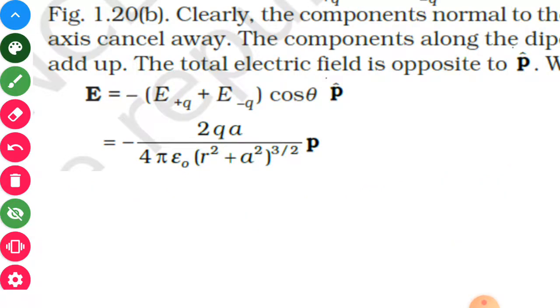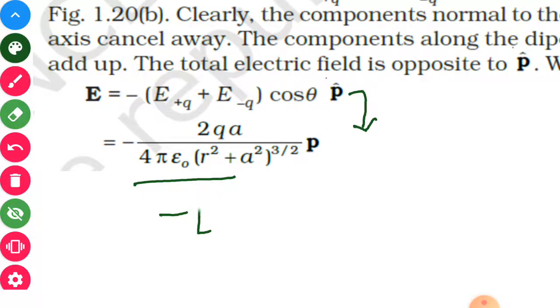Now write the values of these. I am showing the simplification for the sake of your understanding. So this is the final answer, but with some simplification. Minus is there, then the E plus Q magnitude is 1 upon 4 pi epsilon 0 Q, so that will come out. So we take it common.